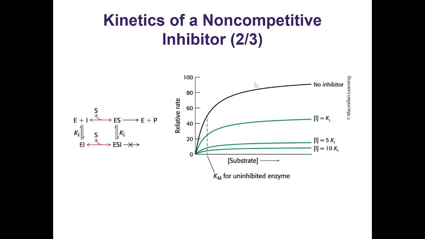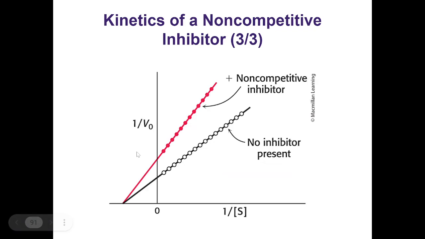Again, we've lowered the apparent amount, and so Vmax is going to go down. Km, however, will not be changed. And that's what we see right here. Remember, the x-intercept is the one that corresponds to negative 1 over Km, right? And so our x-intercept will stay the same. We'll get a change in slope and a change in the y-intercept on the Lineweaver-Burk plot.